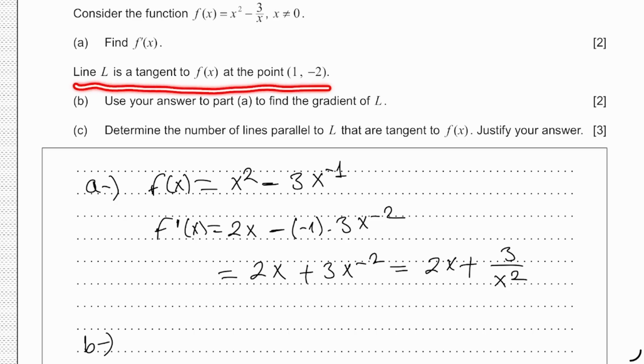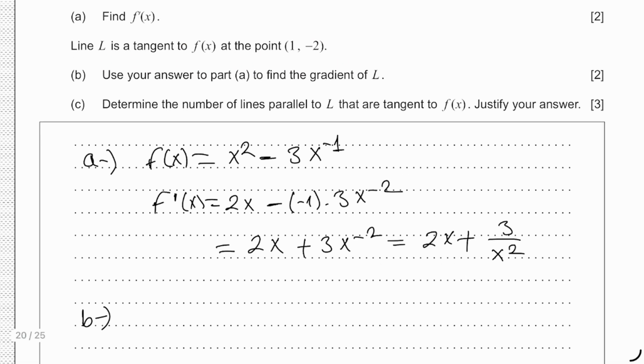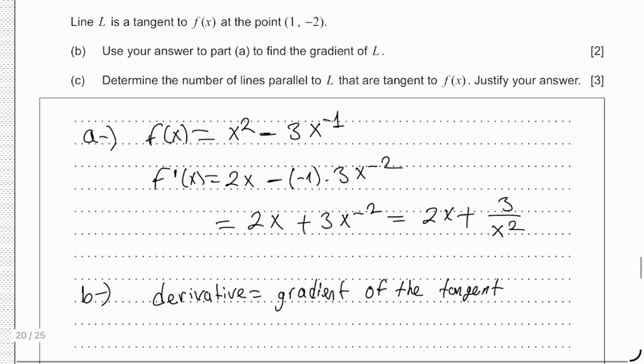L1 is tangent to f(x) at this point, right? So derivative, always remember guys, derivative equals the gradient of the tangent at that specific point.